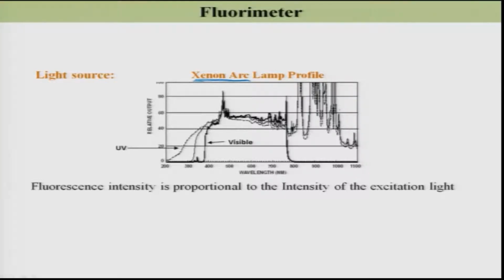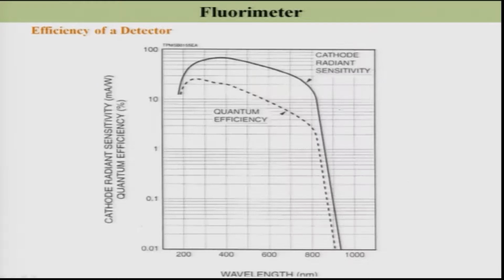Similarly, here I showed the efficiency of a detector. This particular detector is a Hamamatsu R928, but forget about that. Here you see the efficiency is about 13-14% at 200 nanometers.